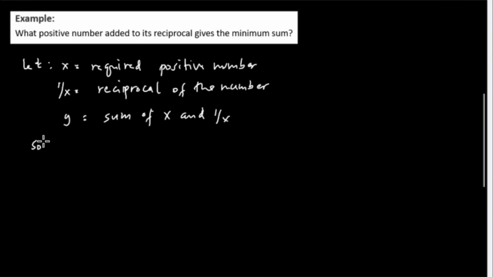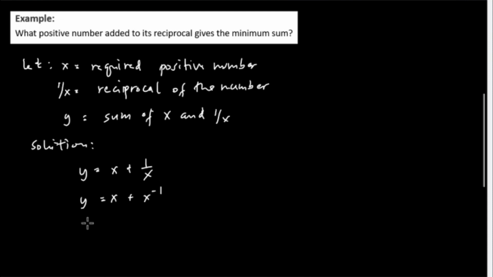So we have the solution, which means y is the sum of x plus 1 over x. And then we change it first, so y equals x plus 1 over x is also x plus x to the negative 1.